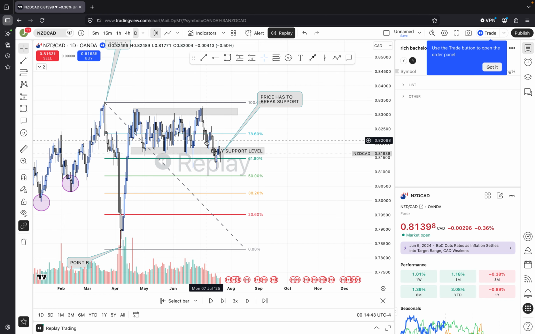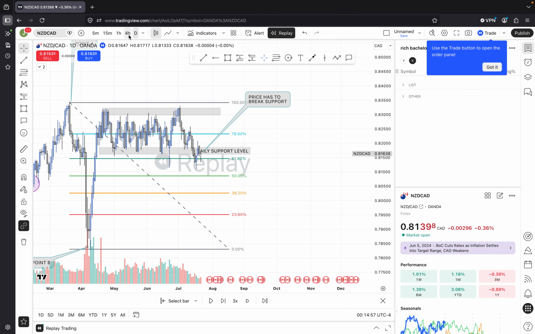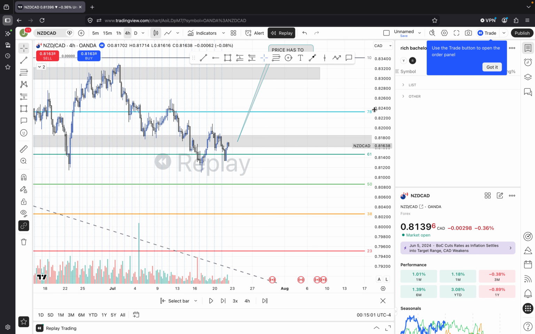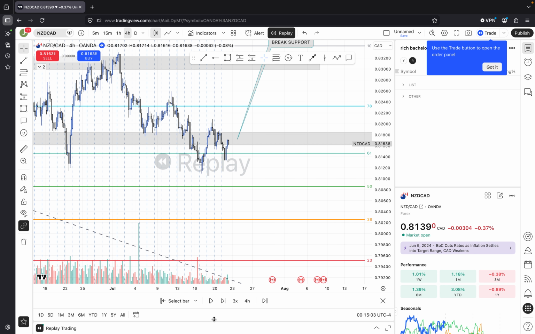You don't want to get in on the first lower high. Why? Because price has to let us know that we not only are breaking support, but we're getting ready to form another lower high to let you know the trend is down. So we have to be patient. Cool. So what am I doing now? I'm waiting.